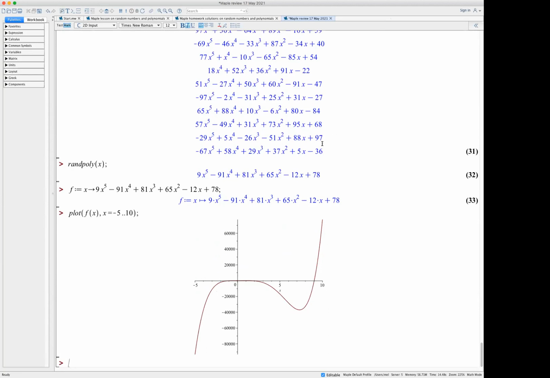Okay, well, so how do you find relative maxima and minima? You have to look at the derivative of the function, right?